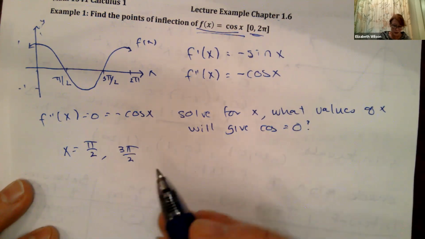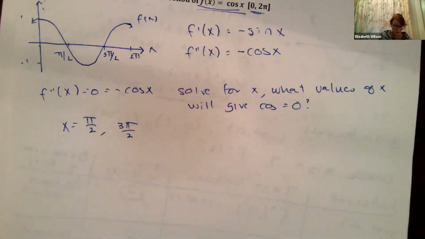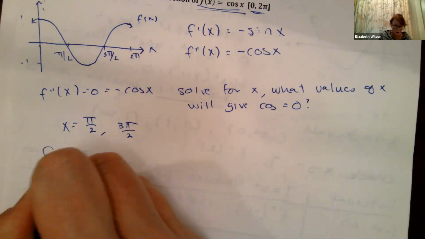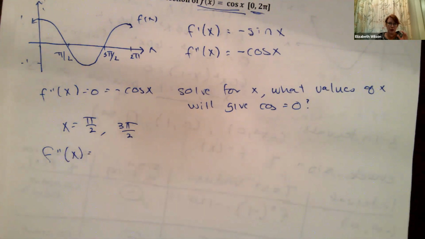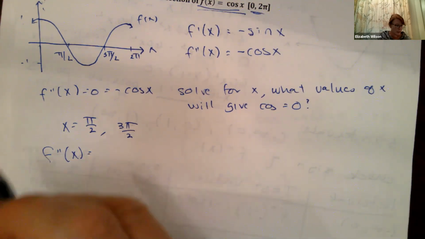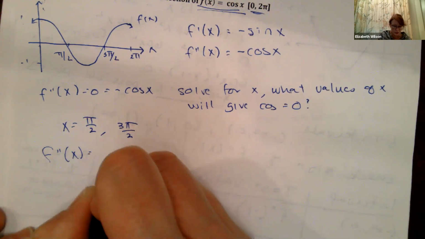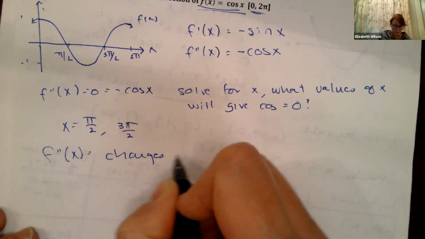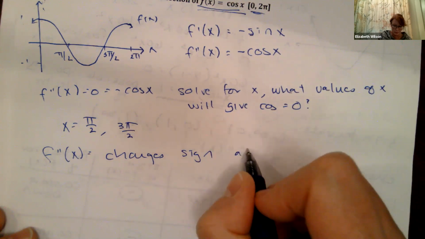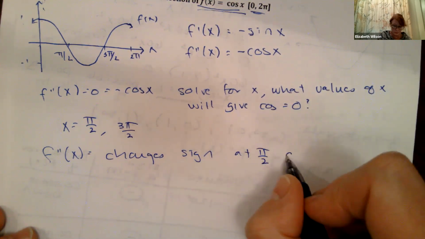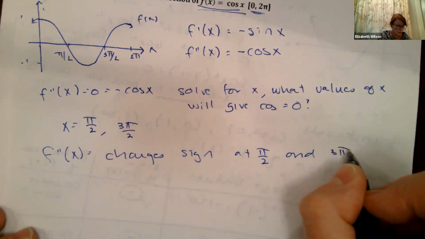Now remember, this is at the very beginning of the chapter, which is kind of why I skipped it and came back, because it didn't have a lot of details about how we solved it. But here, we're going to say our second derivative changes sign at pi over 2 and 3 pi over 2.